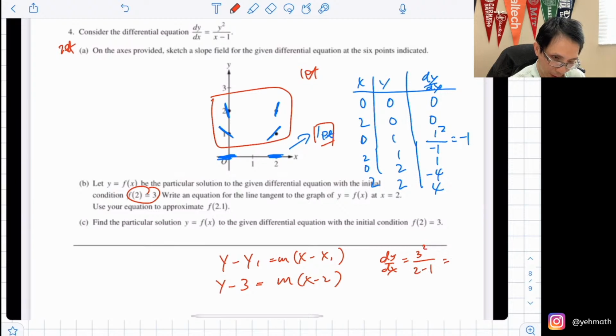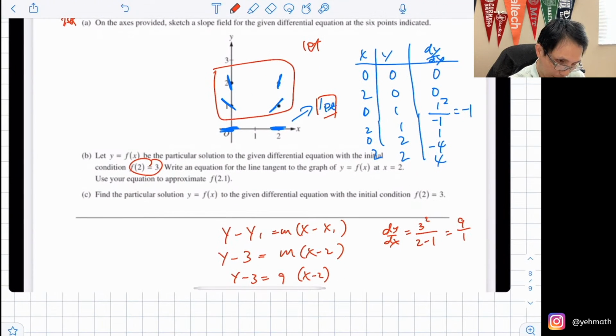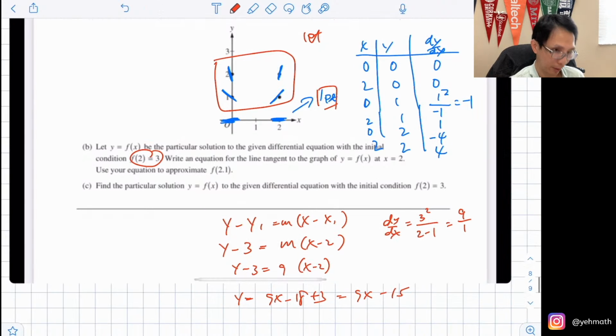So that's equal to what? 9 over 1, so it's 9, right? Did you get that? That's good. You already earned 1 point. And plug in: y equal to 9x minus 18 plus 3, so it is equal to 9x minus 15. So that is going to be the slope-intercept form.